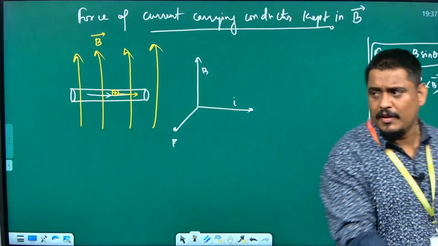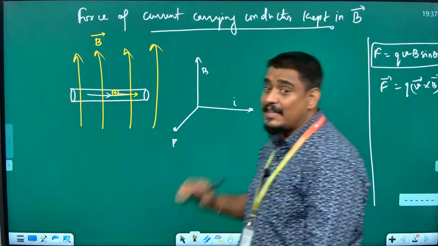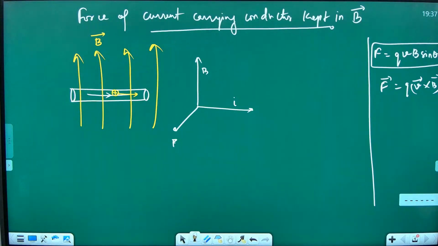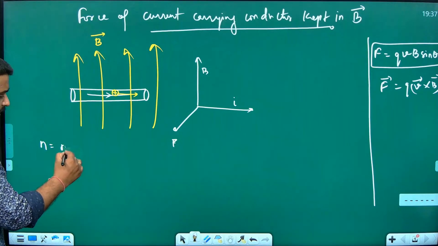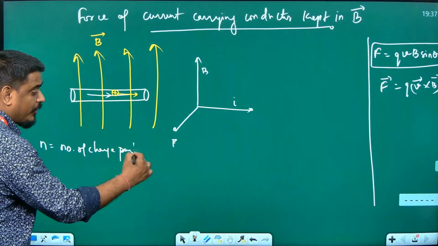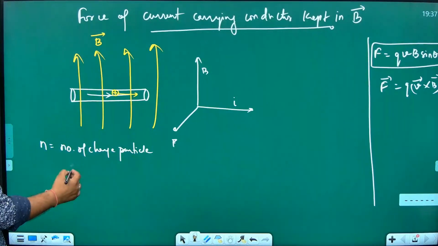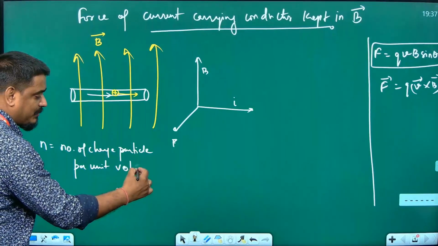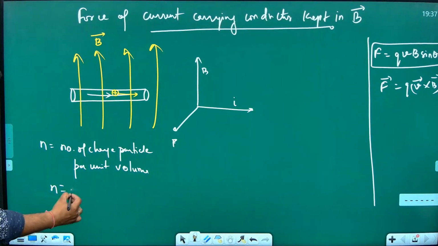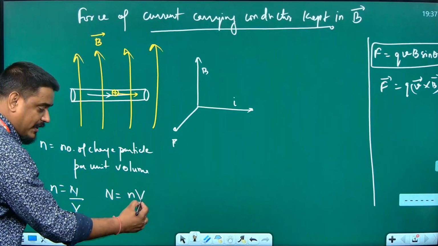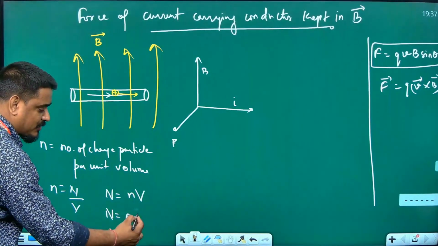Obviously yes. But this force is acting on a single charge. If I assume n to be the number of charged particles per unit volume, the same thing you did in the earlier cases, then n becomes N by V. So the total number of charges N is n times V. What is V?